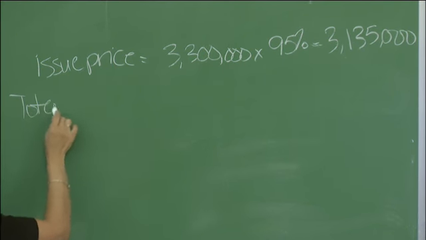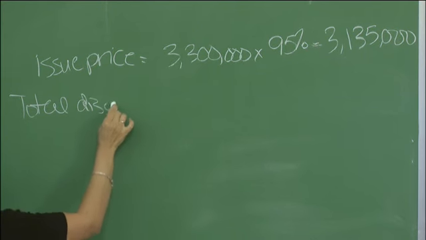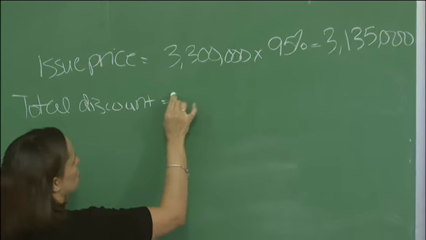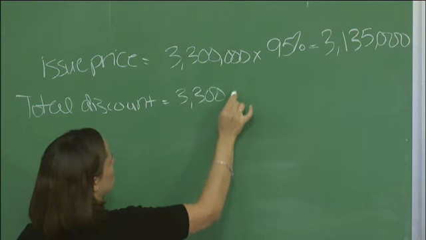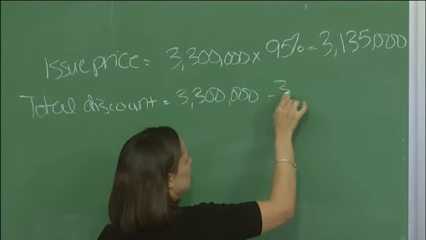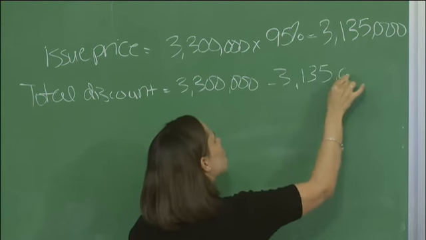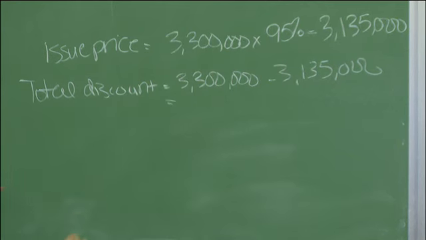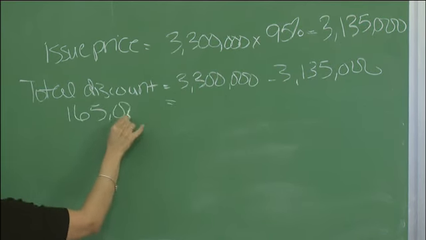Okay, this is our issue price. Our total discount is the maturity value minus the issue price. We get a total discount of $165,000.